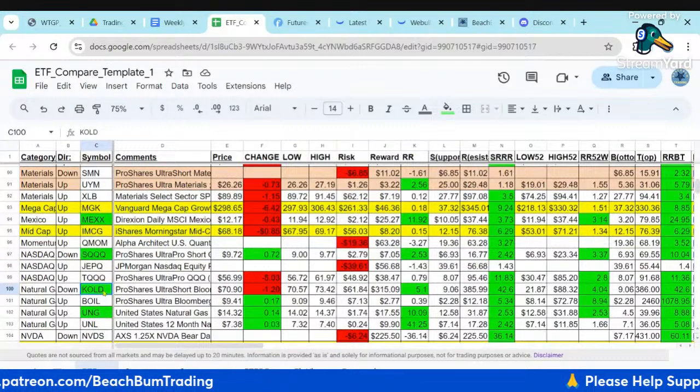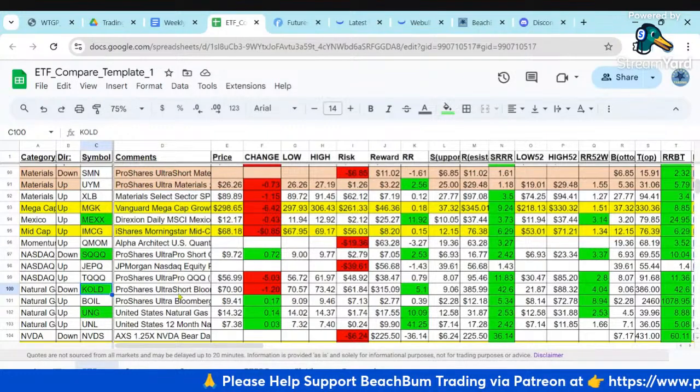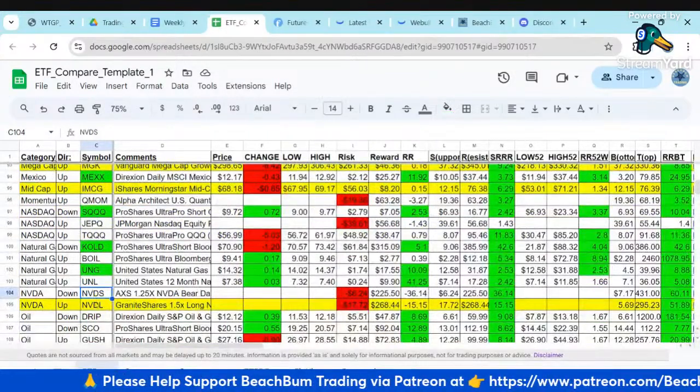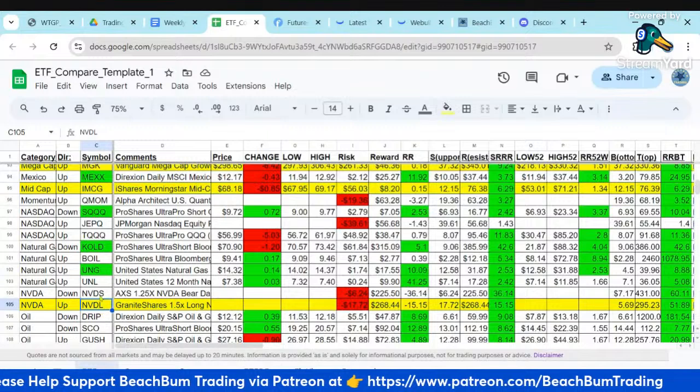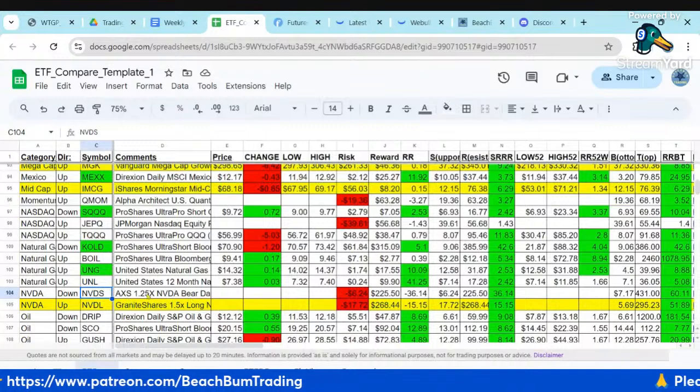Long or short natural gas, so it's been trending up. So oil long, short, or UNG, UNL. You can also find longs and shorts on individual stocks, so things like NVIDIA, short NVDS with some leverage.